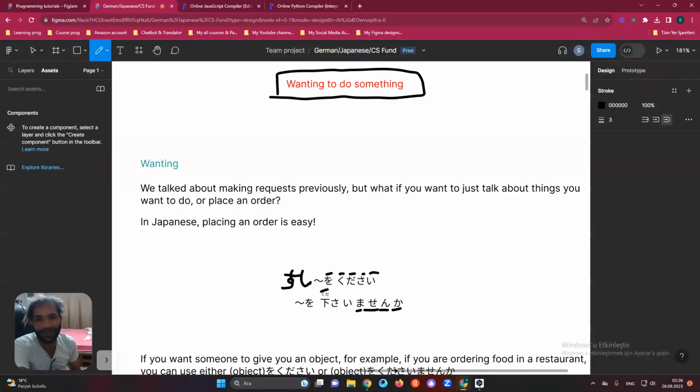Just don't forget these things, how to concatenate them. If you're using the past tense, just don't use tai, use ta, like neta. Let's say watashi wa juji ni netakunakatta desu. I didn't want to sleep at 10. For example, like this.